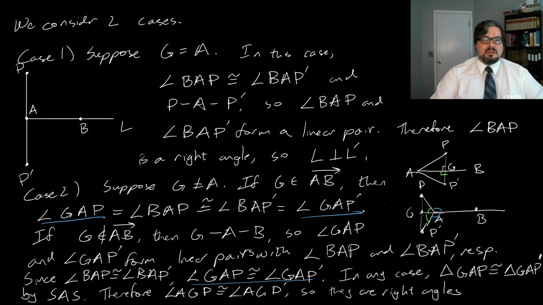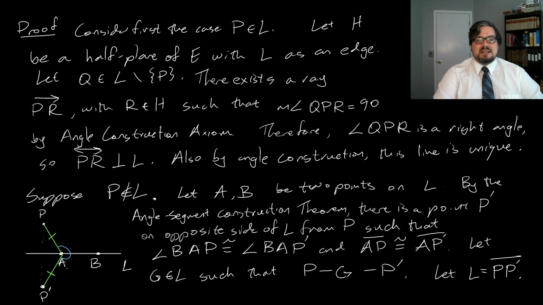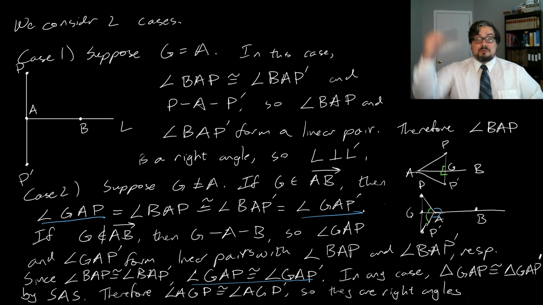Oh, sorry. Let me go back previously. So uniqueness for the second case here is going to have to wait until the next section when we talk about geometric inequalities, and we're going to have a theorem that will show us that there can't be two separate perpendicular lines from a point to another line.